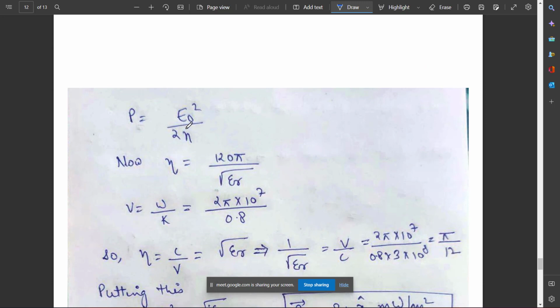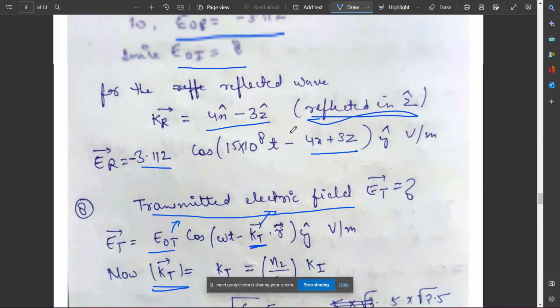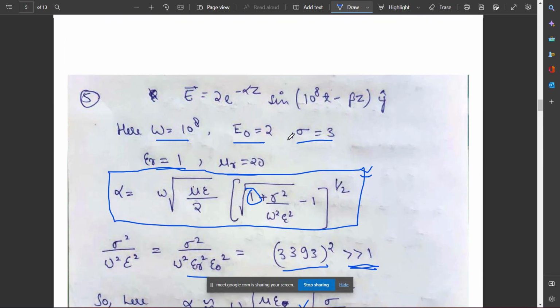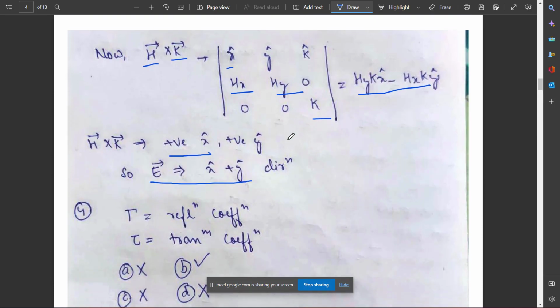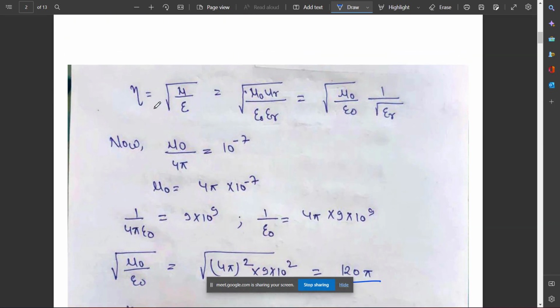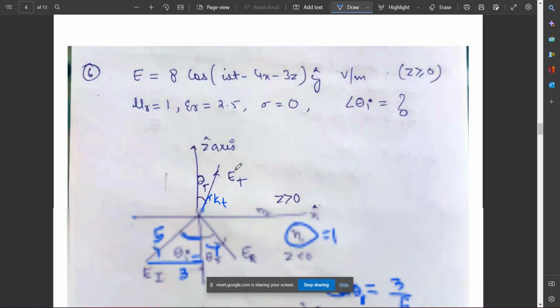We know the formula, we know eta naught, which is simply under root of mu naught upon epsilon naught. We have got it in a question that we solved earlier. Here we got eta as 120 pi upon root epsilon r. So we will use this one. All others are constant.